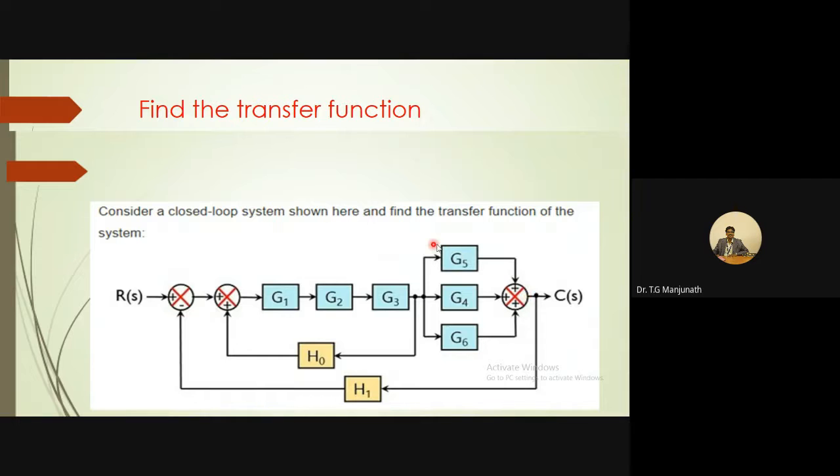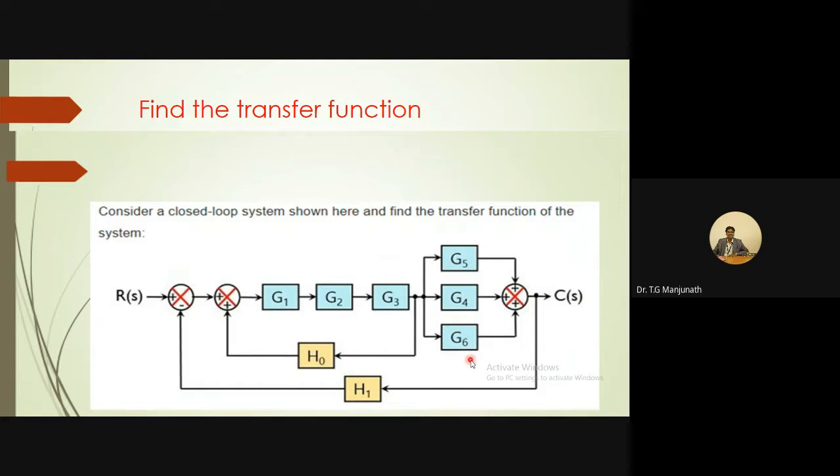You can see that the signal to blocks G4, G5 and G6 comes from the same point. You are tapping here and connecting the signal to 3 blocks, and the outputs are connected to a summing point. Hence, these 3 blocks are in parallel. If the blocks are in parallel, you add the block values. The resultant value is G4 plus G5 plus G6.